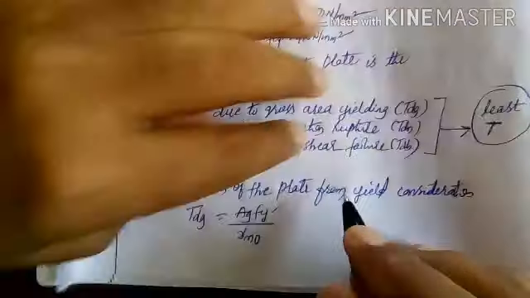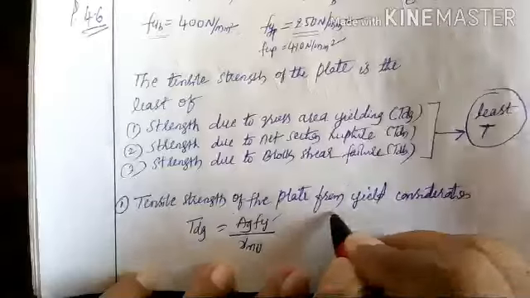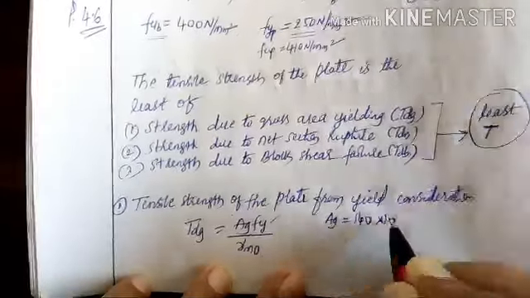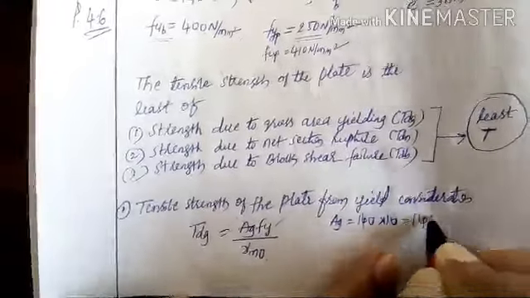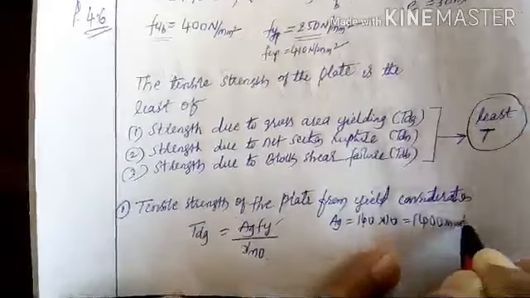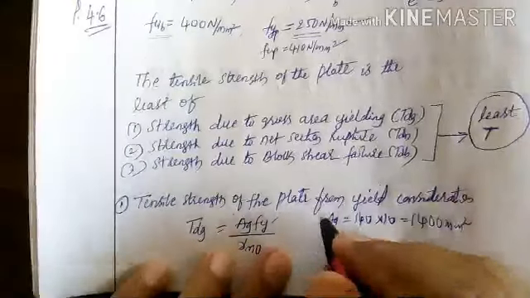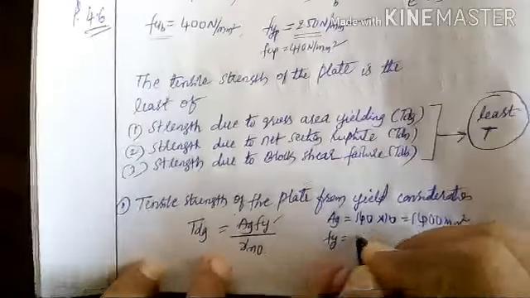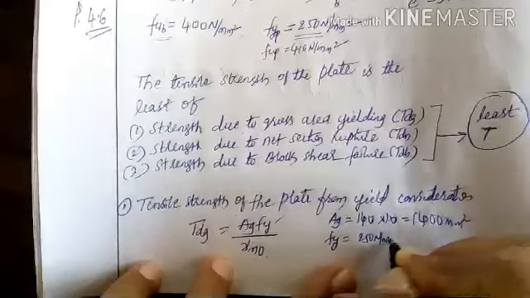Here AG is 140 into 10, we get 1400 millimeter square. Then Fy is 250 Newton per millimeter square.